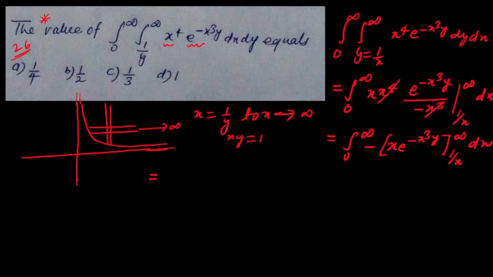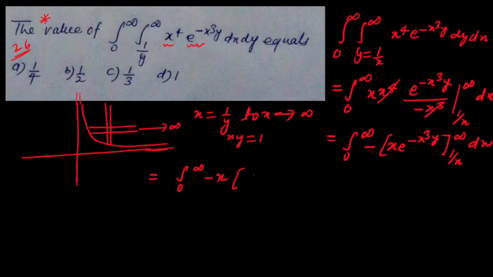Continuing over here, 0 to infinity, I have to put the limit of y. So minus x, and if I put e to the power minus x cube infinity, it will become 0, because y tends to infinity. e to the power minus x cube y will become 1 by e to the power x cube y.